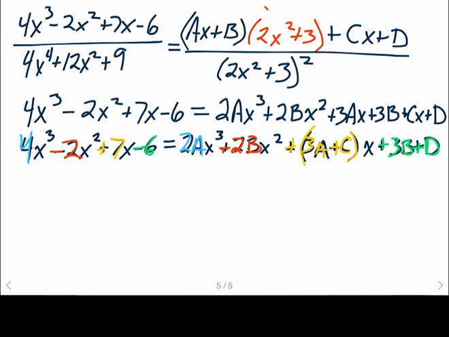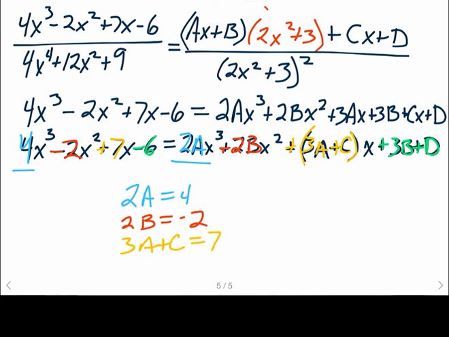And these equating coefficients gives us the system that we're going to solve. 2a equals 4. That's the coefficients of x cubed. 2b equals negative 2. Those are the coefficients of x squared. 3a plus c is equal to 7.